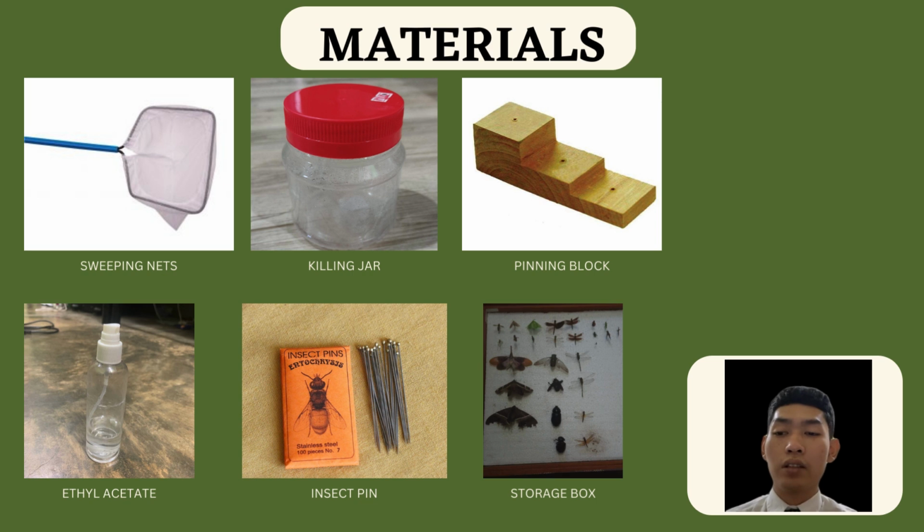The third is the pinning block, to help ensure that the insect pin is inserted to a standard height. The fourth is ethyl acetate, used as a killing agent to euthanize collected insects. The fifth is the insect pin, used to pin the insect correctly. And the last is the storage box, to store all the insects that have been collected.